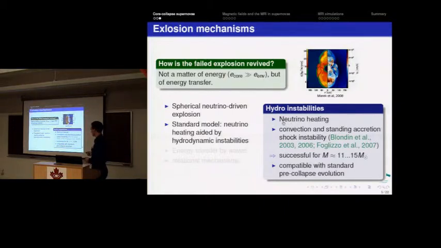Which is, however, the case for the multidimensional standard model, where you have the same physics as in the spherical case, namely neutrino heating, plus hydrodynamic instabilities.